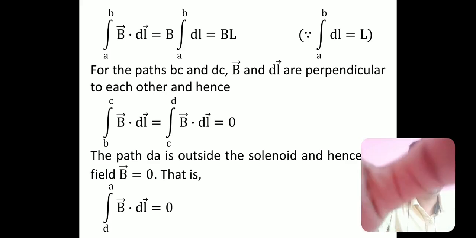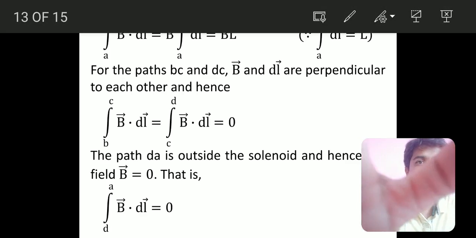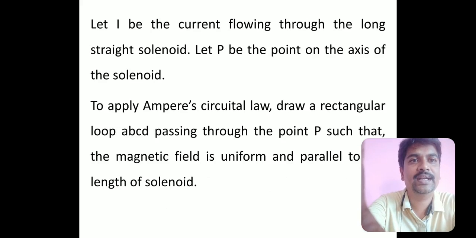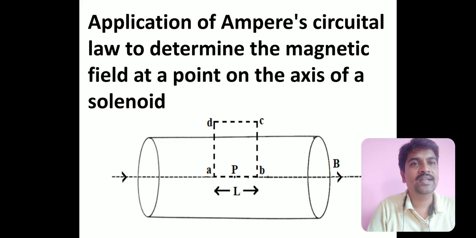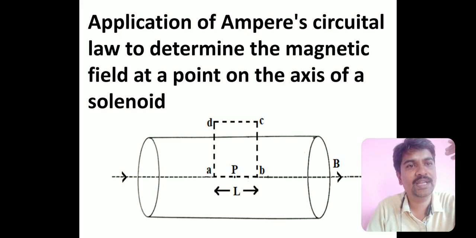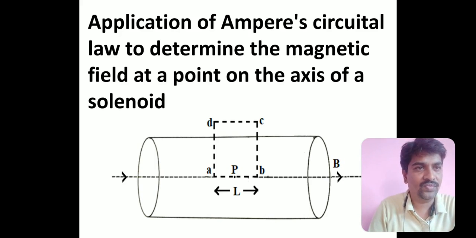But for C to D, I'll go back and analyze this. Look at C to D. C to D is outside the solenoid. The path which I have considered, C to D, is outside the solenoid. Therefore, outside the solenoid, the magnetic field is 0. We know this fact.